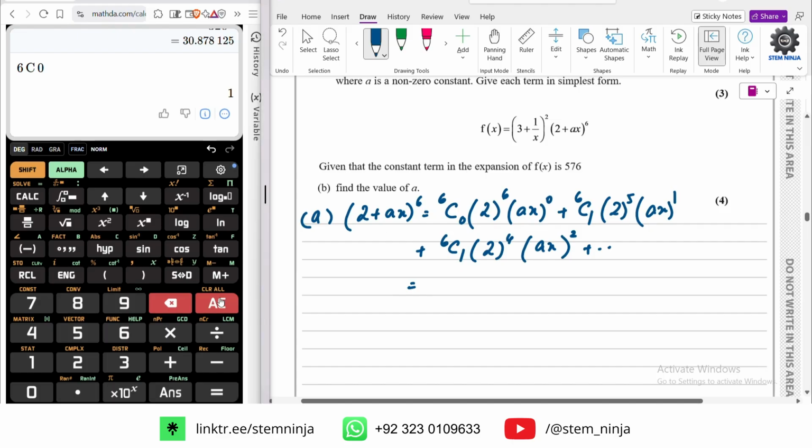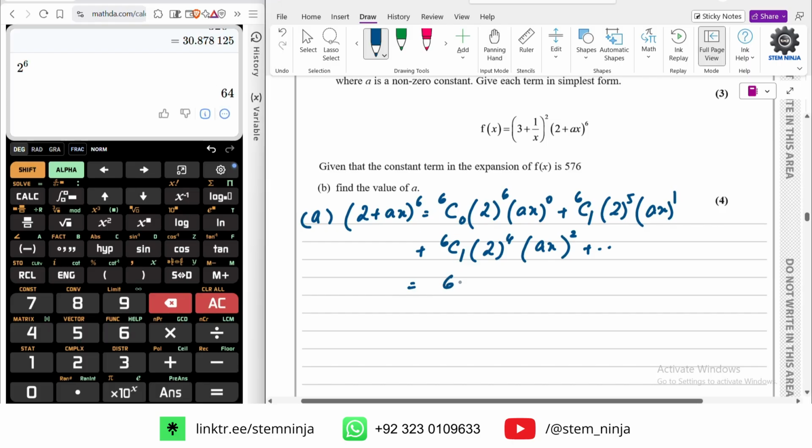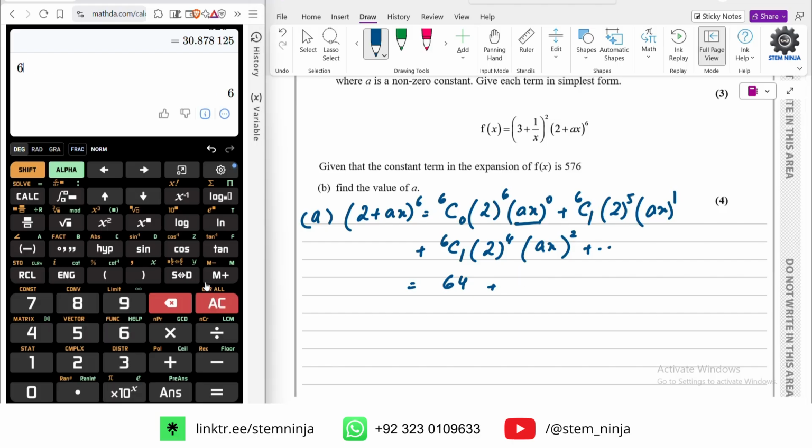So 2 raised to the power 6 is 64, I guess. Yes. So 1 times 64 is 64, because ax raised to the power 0 would also be just 1.